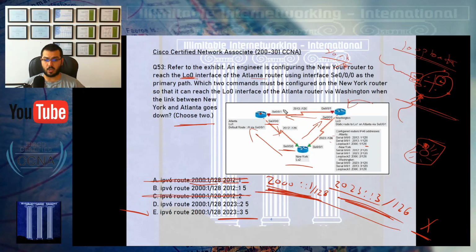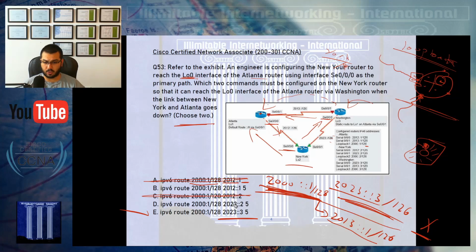The only thing that should be changed is the next hop, which will be serial 0/0/1 of Atlanta, to throw the route from here to here, this way. So the only thing that I need to change for the command, I will use the same destination, only I will change here the next hop, which is serial 0/0/1 of Atlanta, and this has the IPv6 address of 2013::1/126.